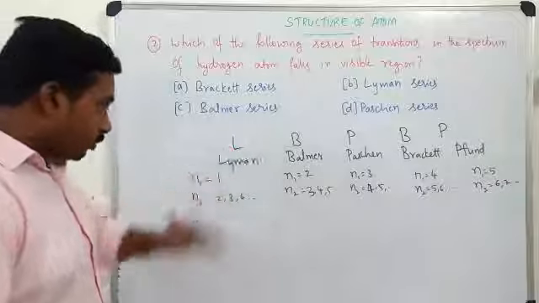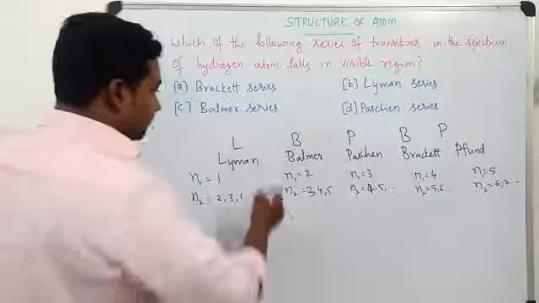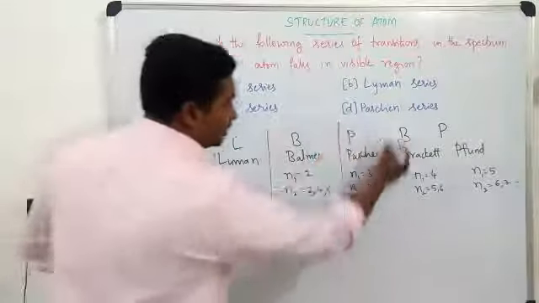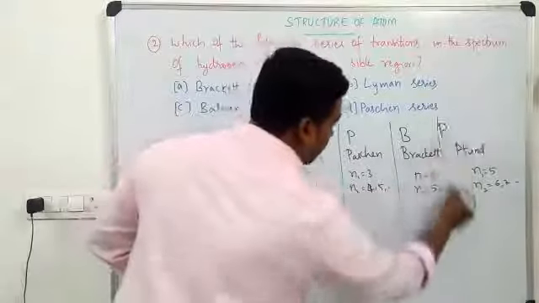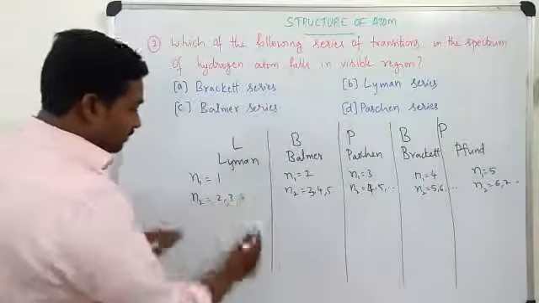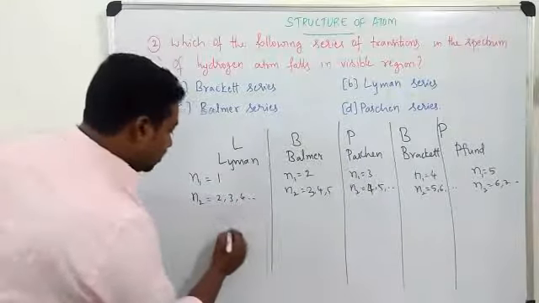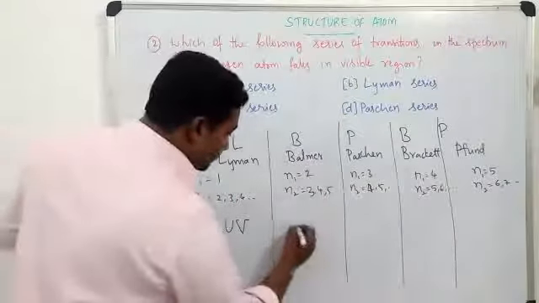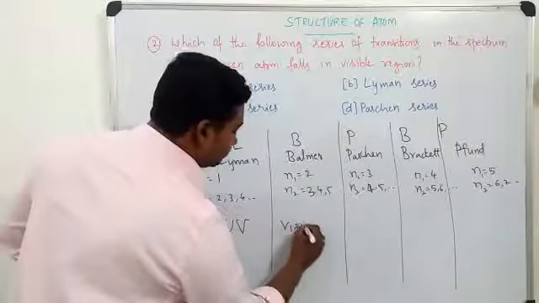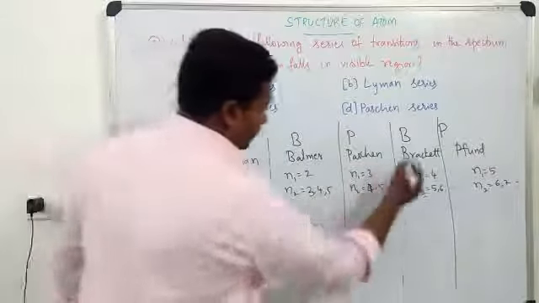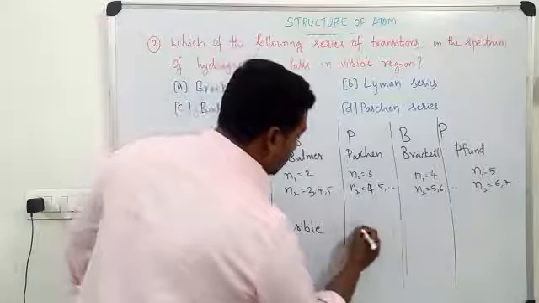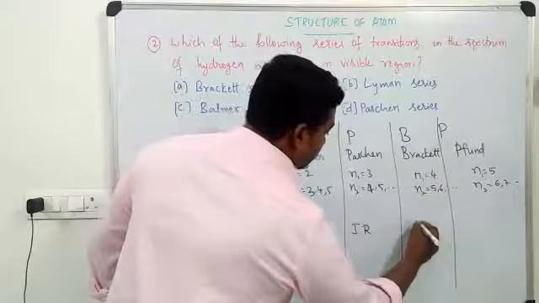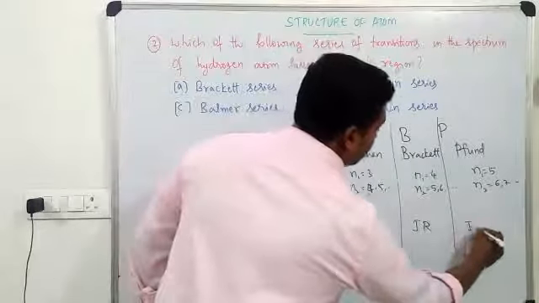Apart from this, we can also remember in which region the series of lines fall in the hydrogen spectrum. Lyman series falls in the UV region, ultraviolet region. Balmer falls in the visible region. Paschen series is IR, Brackett IR, and Pfund IR.